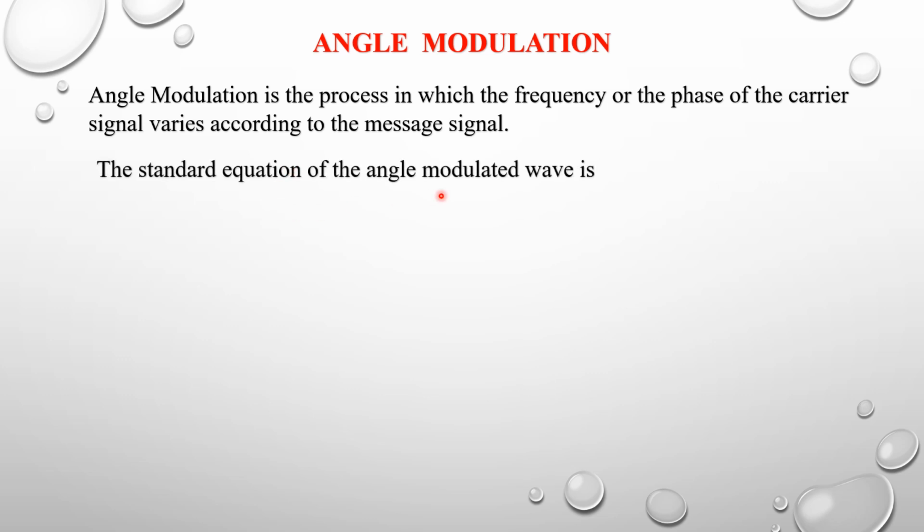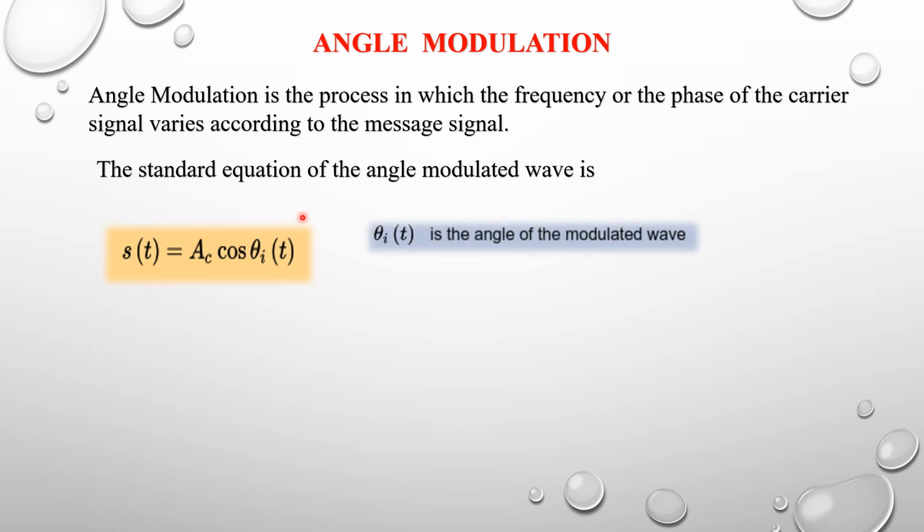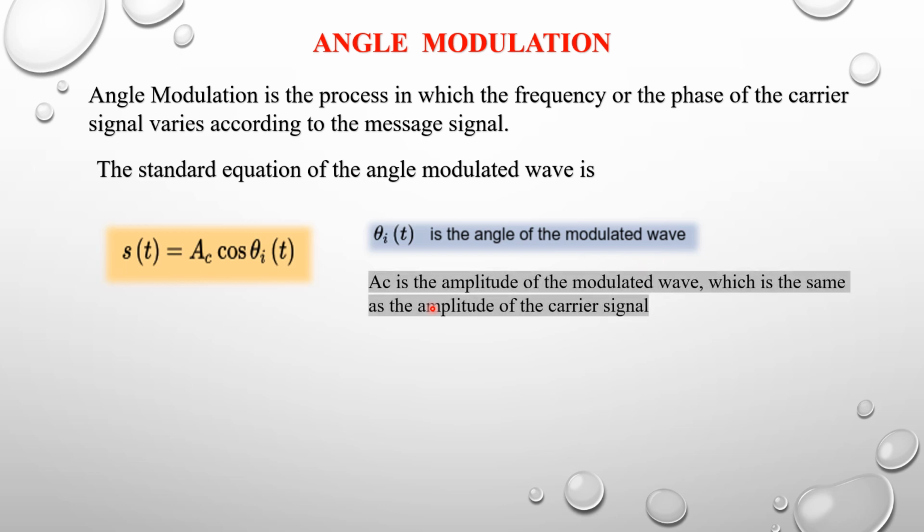The standard equation of the angle modulated wave is s(t) = Ac cos θi(t), where s(t) indicates the modulated wave, θi(t) is the angle of the modulated wave, and Ac is the amplitude of the modulated wave, which is the same as the amplitude of the carrier signal.